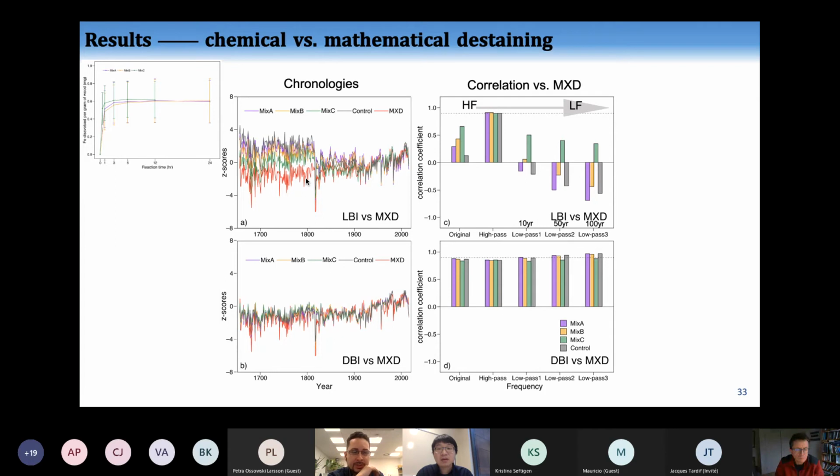I would expect the variance would be a bit more stable through time, but I don't think there would be any major differences in terms of longer term trends. Yeah. Okay. Good.